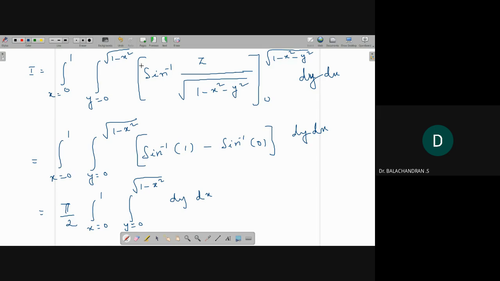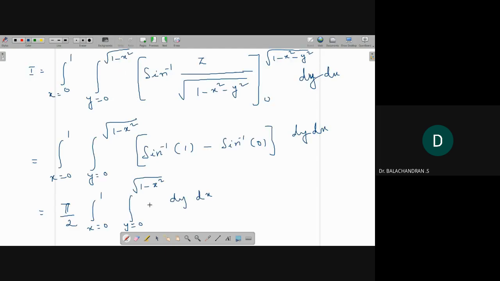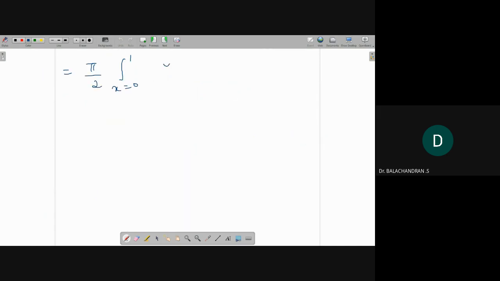We'll get pi by 2, integral x is equal to 0 to 1, y limit from 0 to root of 1 minus x square, into dx. Pi by 2, x is equal to 0 to 1, upper limit is root of 1 minus x square, lower limit is 0, dx.